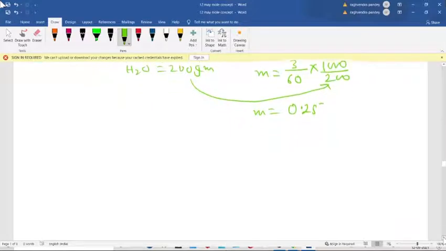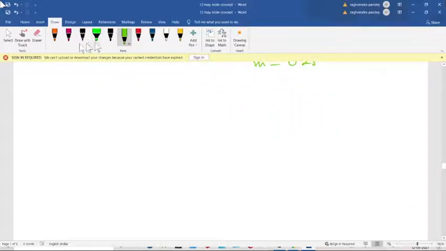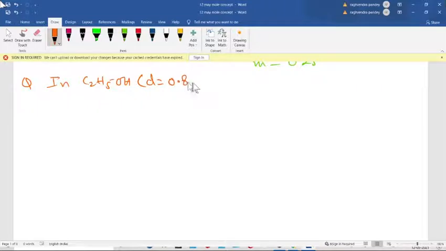Then I'm just giving you another question. In ethanol, with the density of 0.8 gram per ml, 4 gram urea is dissolved.